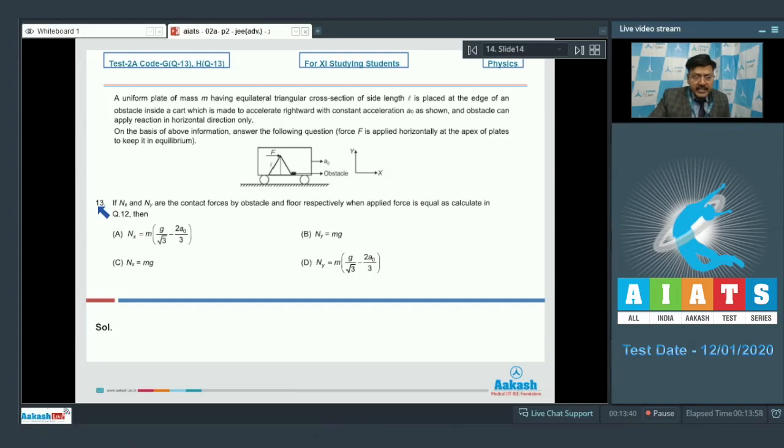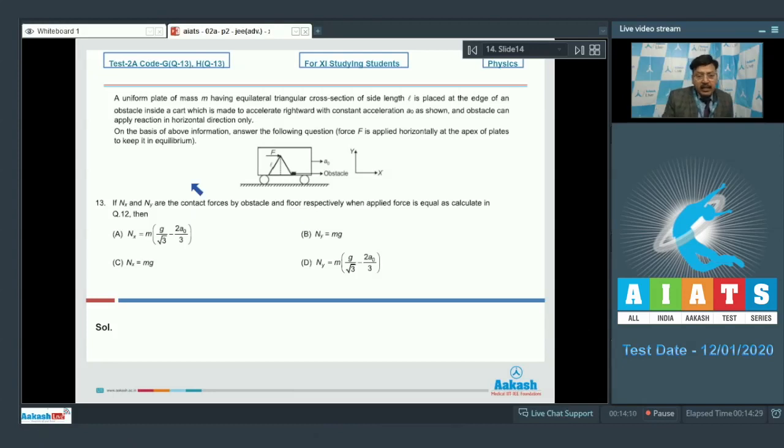Question 13 says, if Nx and Ny are the contact forces by the obstacle and floor respectively, when the applied force is equal to that calculated in question 12, then, okay, so Nx is the contact force by the obstacle and Ny is the contact force by the floor.